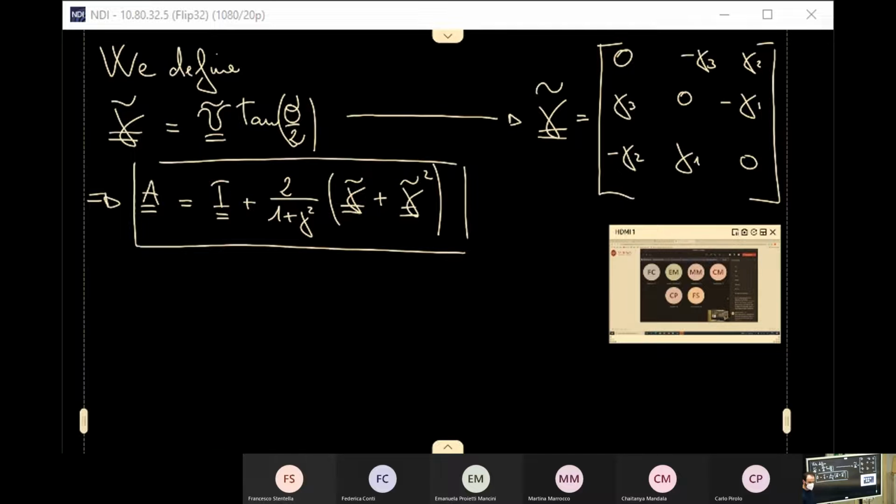They must be related to one another somehow. Well, let's see. So from Euler to Rodrigues.